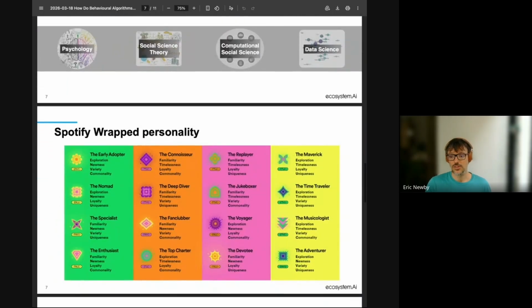If you just go down to the next one, a concrete example of one of these constructs or personalities is the Spotify Wrapped personality, which, for those of you who use Spotify, at the end of the year as part of their wrap up, they'll tell you what your Spotify personality is.